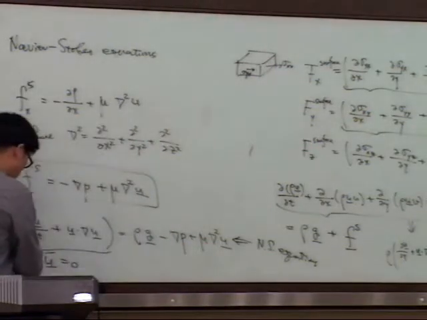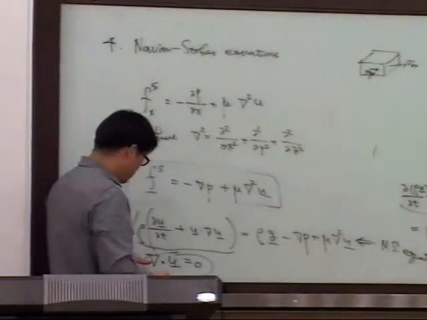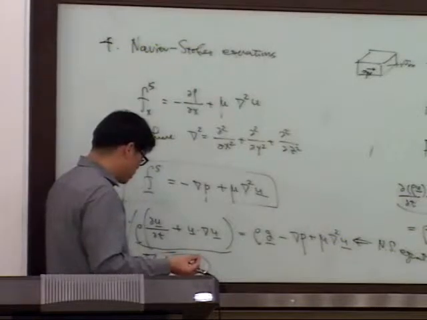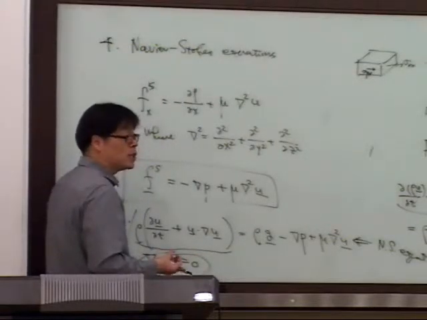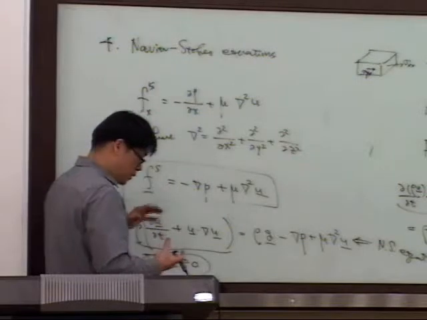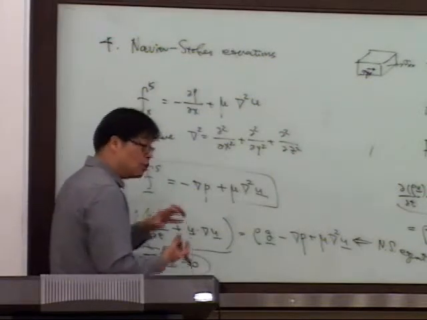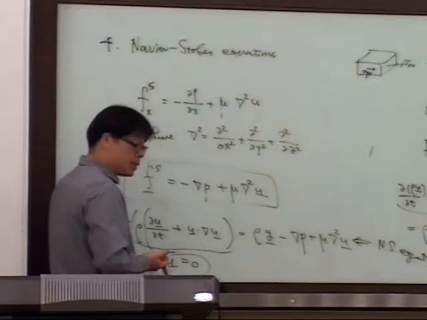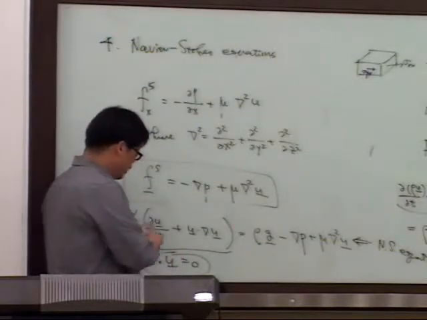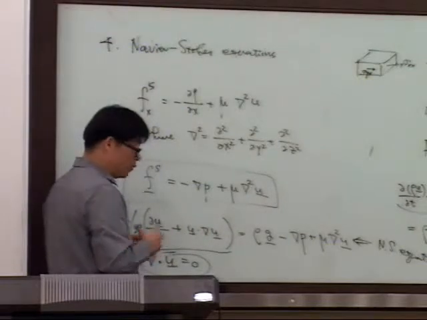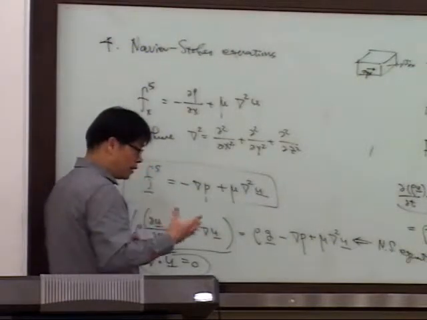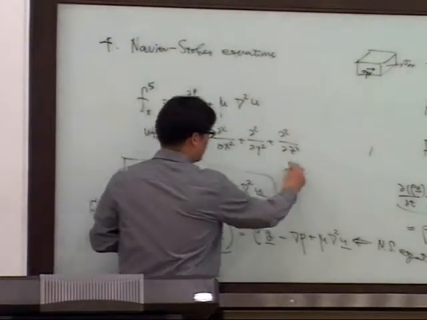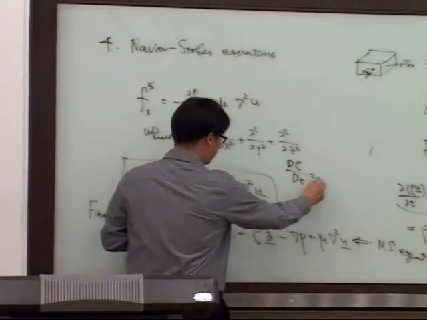And this is from conservation of mass, a very special form, because we assume the fluid is incompressible, hard to compress, hard to change the volume. That's why we have this. Here we assume density is constant, but if you include density variation, then you have to solve d rho dt equal to 0 as well.